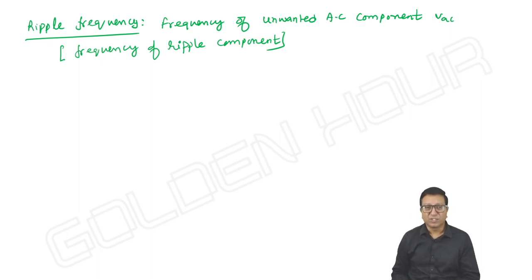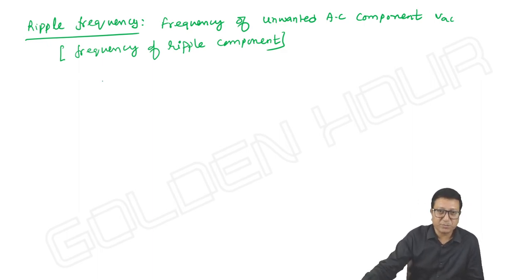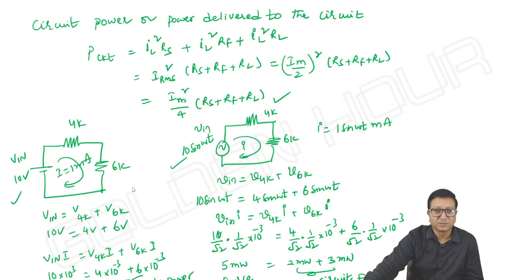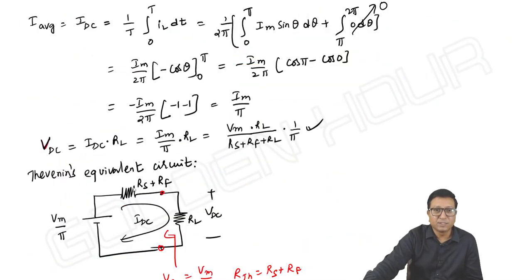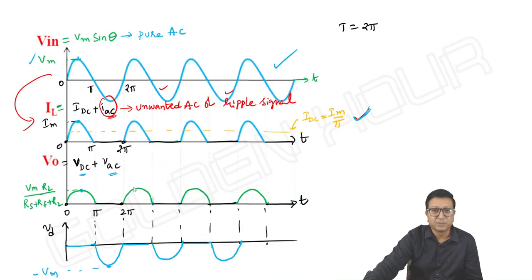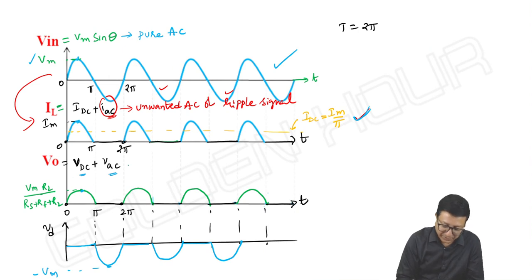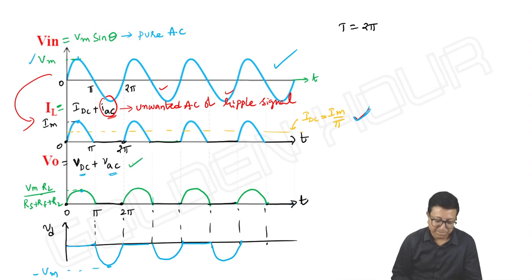Okay, so if you take V output, see the waveforms. The output waveform is this way. Then what about its AC component?